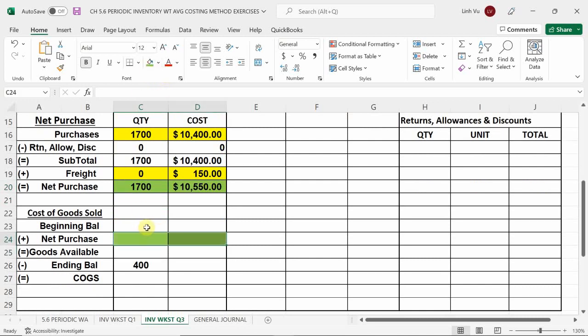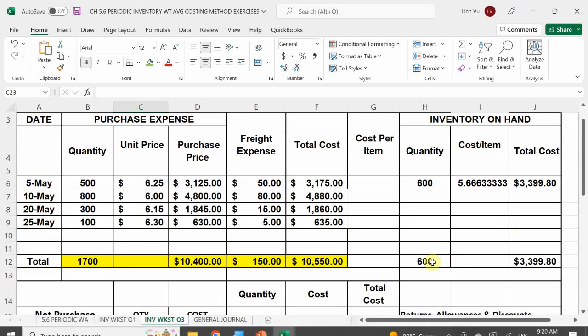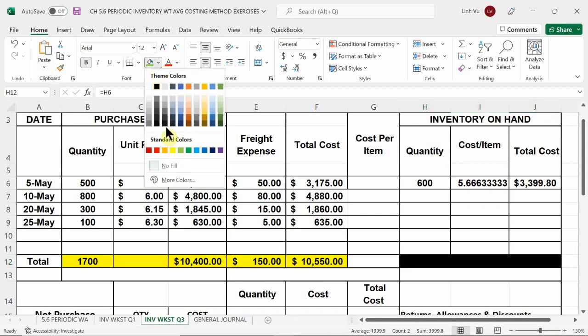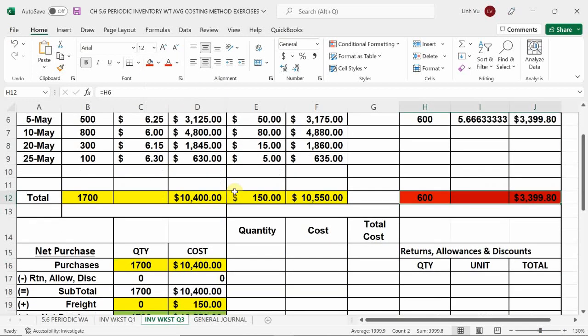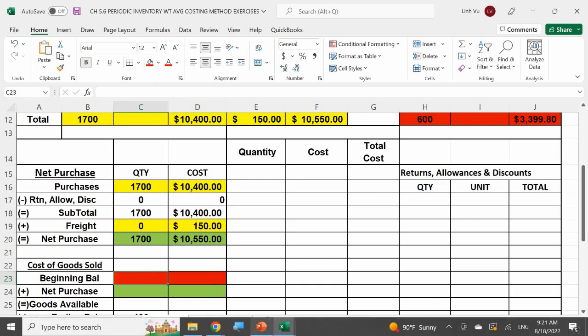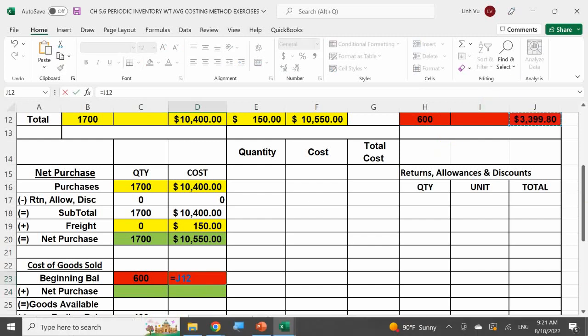Now, do we have beginning inventory? Yes, we do. We carried over 600 units, costing a grand total of $3,399.80. I'm going to call this my red batch, and we're going to carry that red batch right here: 600 units with a total cost of $3,399.80.